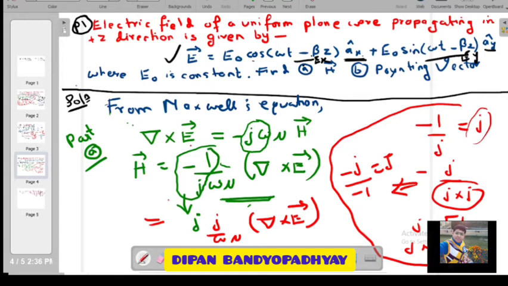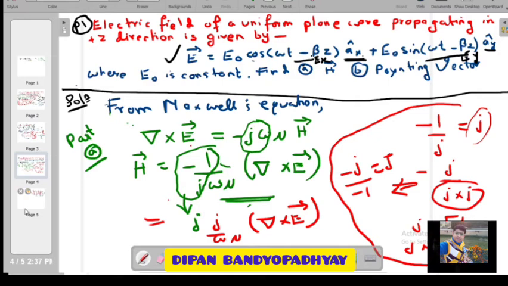If you see this Ex, it is depending on time and z basically. Ey is also depending on z. So there is no variation in x or y.